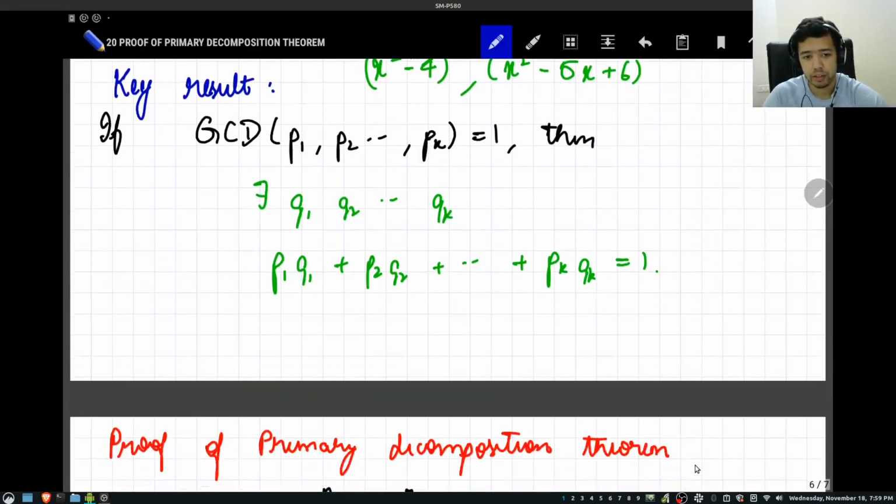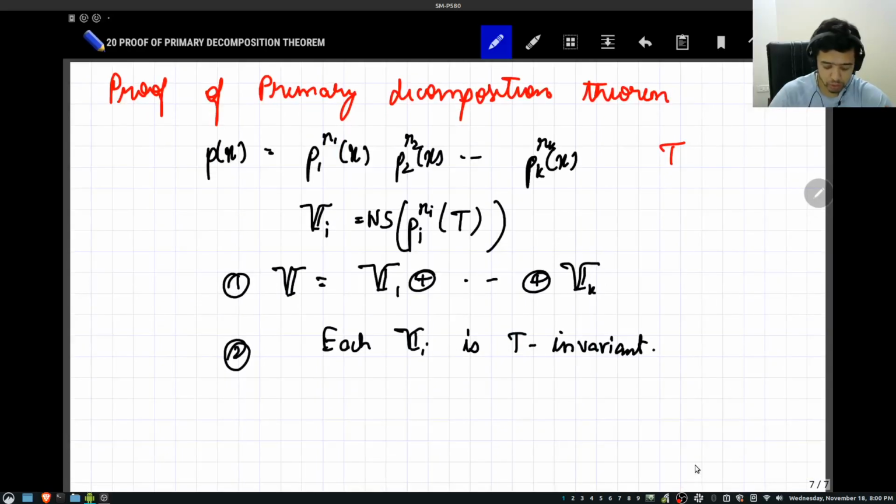And this property holds for integers as well. If we have a set of integers a1, a2 up to ak whose GCD is equal to 1, then you can find other integers b1, b2 up to bk such that a1 b1 plus a2 b2 all the way up to ak bk is equal to 1. This is a very important number theoretic property, and we'll be using this property to prove the primary decomposition theorem.